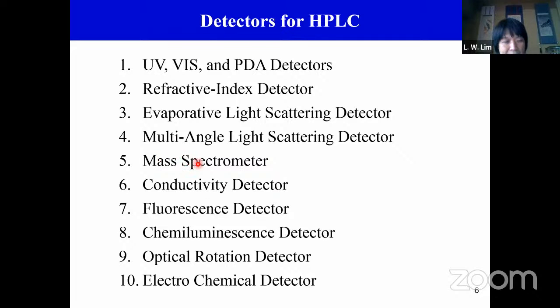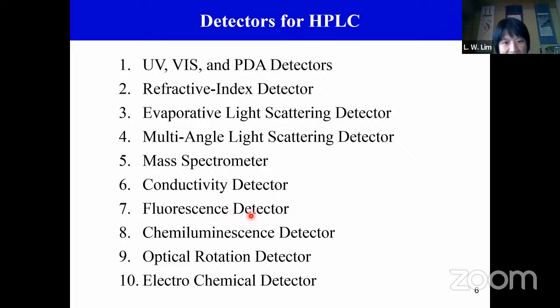Number 6 is conductivity. We measure the conductivity between the eluent and the samples. You can imagine it is mostly for ionic samples, because ionic samples give a very good variety of conductivity changes. Then fluorescence, which is another very specific detector.